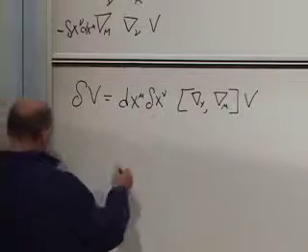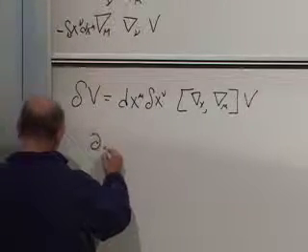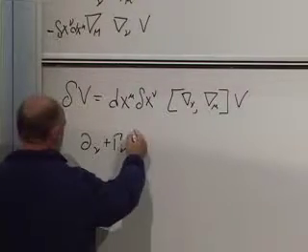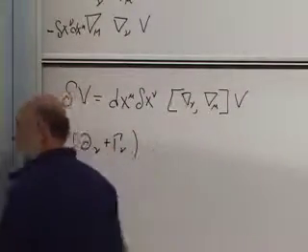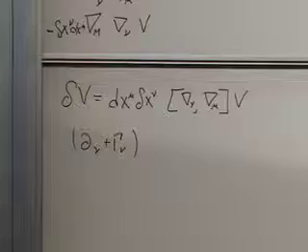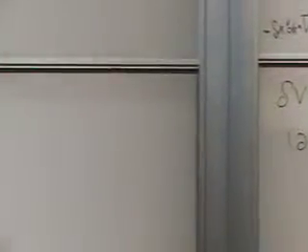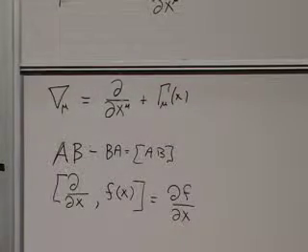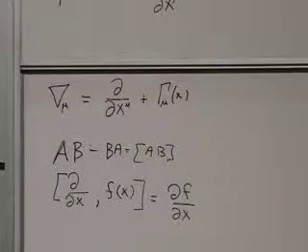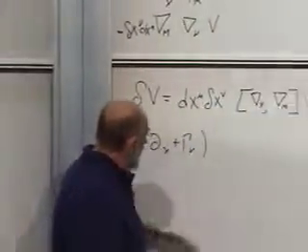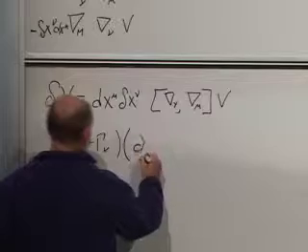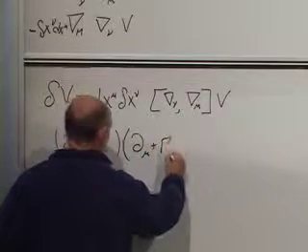Okay, so writing it out explicitly, it's ∂_ν plus Γ_ν, that's ∇_ν. ∇_μ is just derivative plus multiplication by Γ. And remember, Γ is a matrix, or a set of matrices. ∂_ν plus Γ_ν, that's ∇_ν, and then ∂_μ plus Γ_μ.